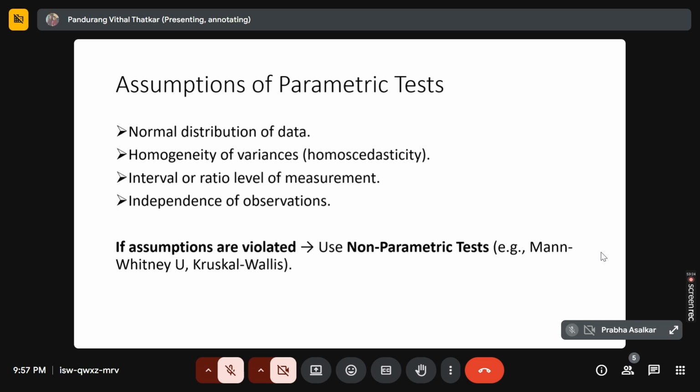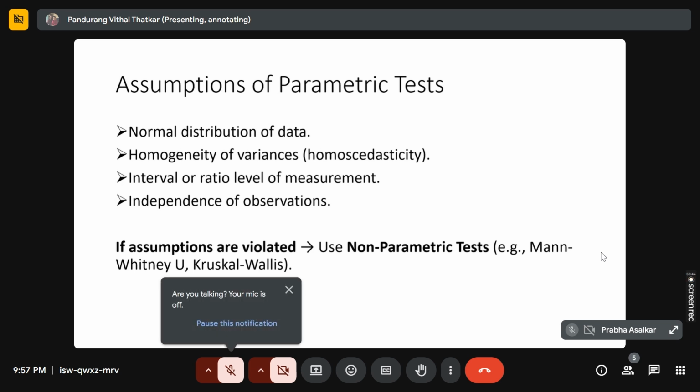And interval or ratio scale measurement. The data should be measured on either interval or ratio scale. And the observations should be independent of each other. If any of the assumptions are violated, we can go for a non-parametric test of significance, like Mann-Whitney U test or Kruskal-Wallis.